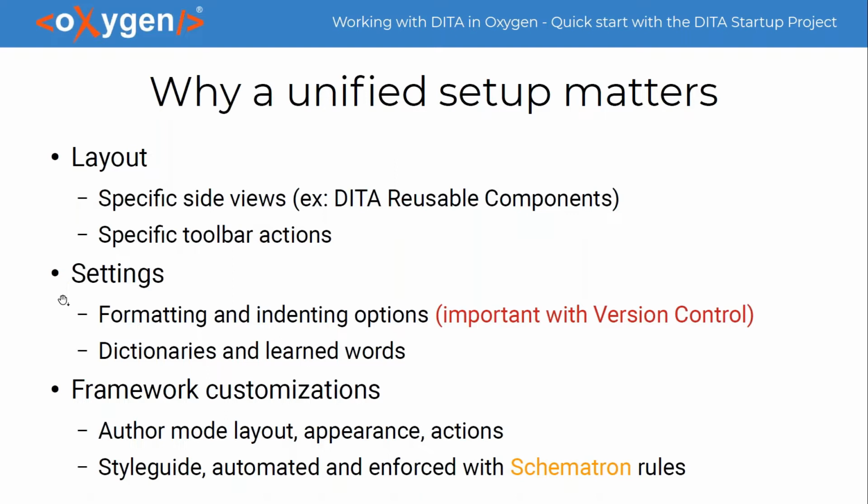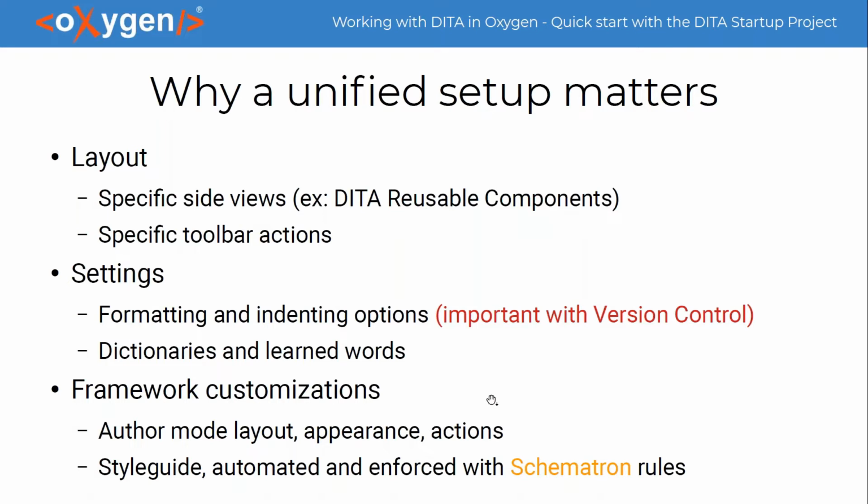For example, the formatting and indenting options are quite important if you work with a version control system, because when the members of the team save the document, you don't want one of them to indent differently and then you'll see fake changes in the version control system. Also, obviously, dictionaries, maybe learned words should be shared across the entire team.